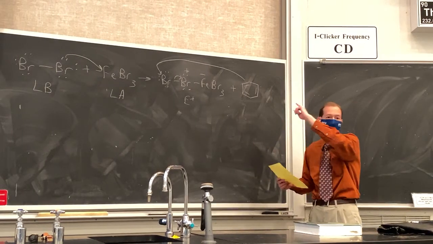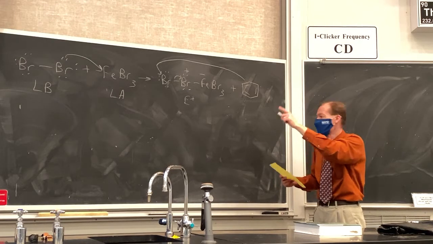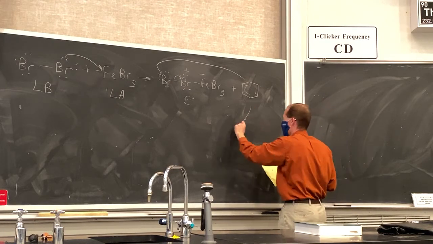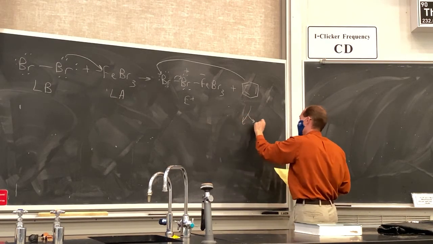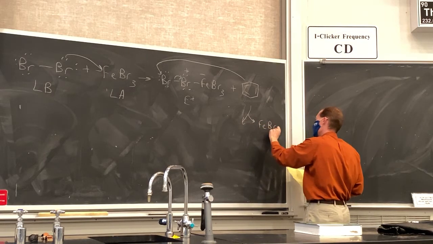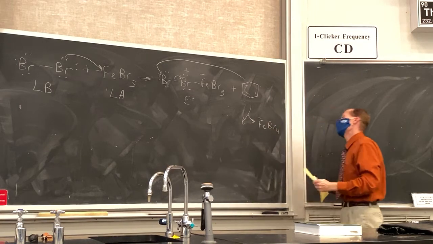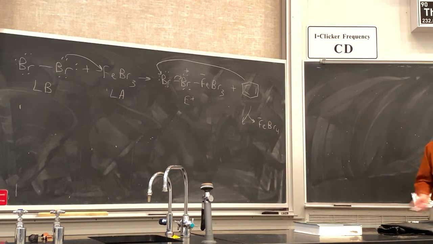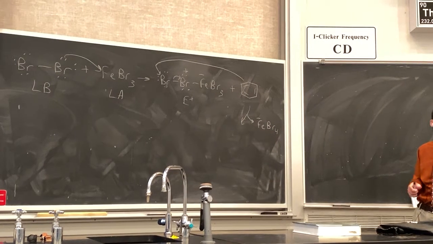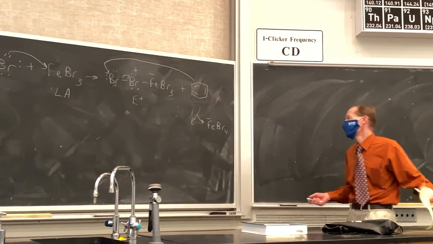So that's why we're attacking the bromine adjacent to the one that is positively charged. Okay? So that gives us FeBr4-, which is an anionic species, as a byproduct. We'll see that play another role in the reaction in a moment.